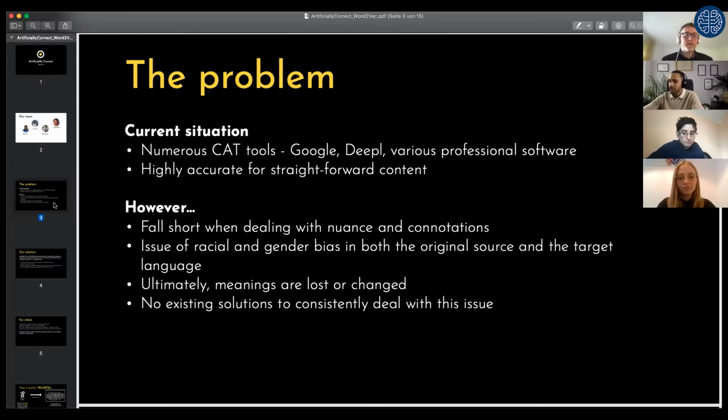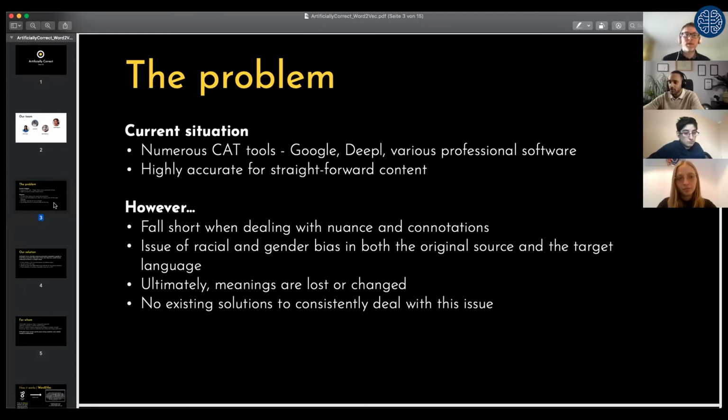But there are these slight nuances, these connotations that give it a bad taste. If you have a bias in there and you wouldn't check for it and you sent it off as an email or published it as some professional ad, this wouldn't look good on you. So they have to be double checked.